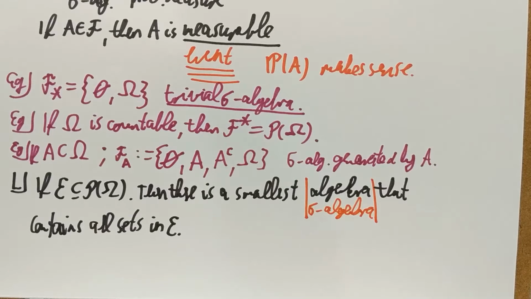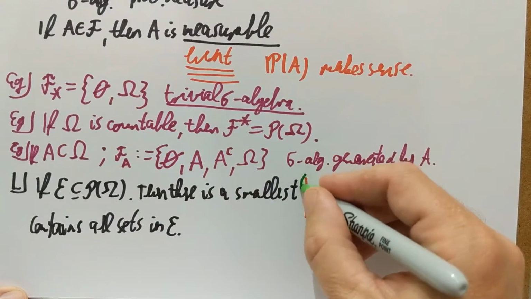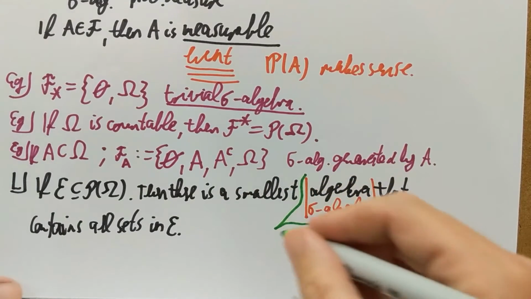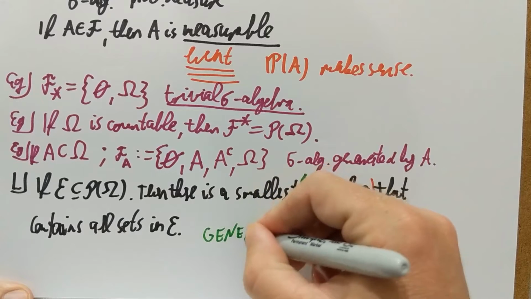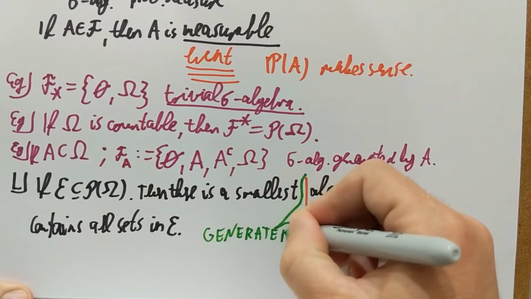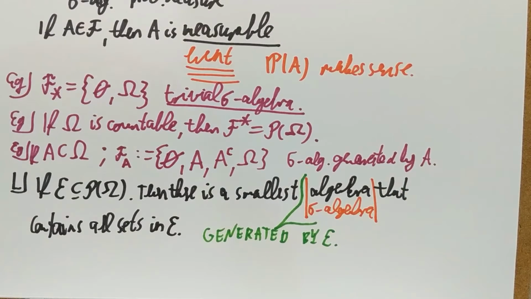I'm not going to prove this, but the way to do it is just look at all algebras and intersect them, or look at all sigma algebras and intersect them, and this is how one constructs this thing in a nutshell. The algebra in the first statement or the sigma algebra in the second statement are called the algebra or the sigma algebra generated by the family script E. So if you have a collection of subsets, then you can have a sigma algebra or an algebra generated by that collection.